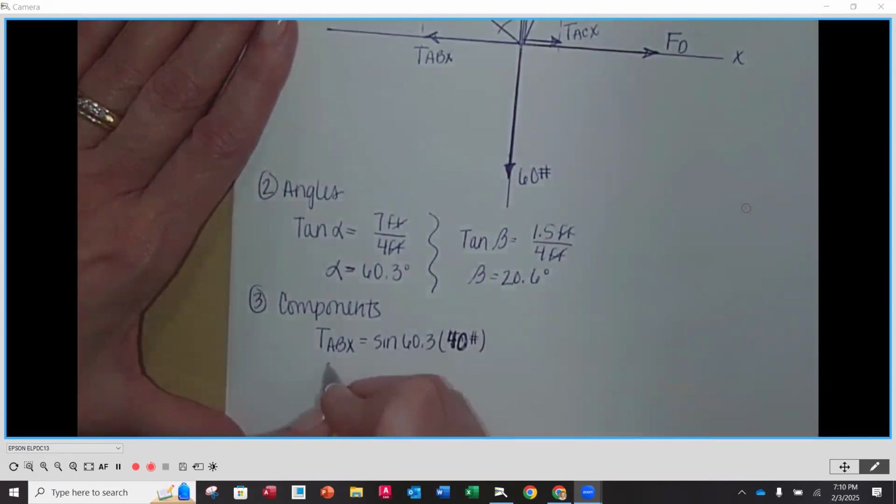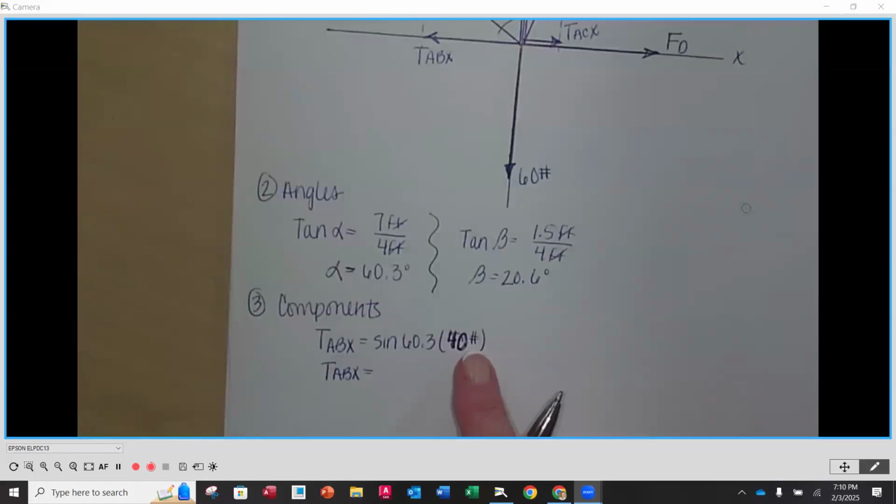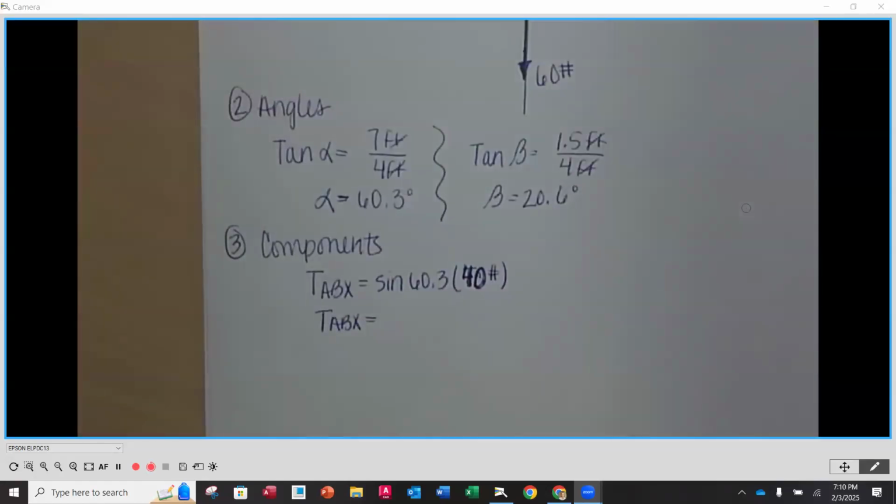And make sure you add your units in all phases. And I use the pound symbol very often, or you can use LB if you want to.